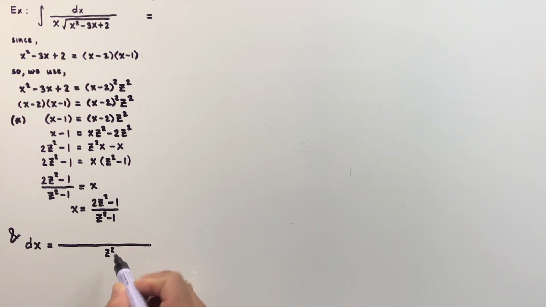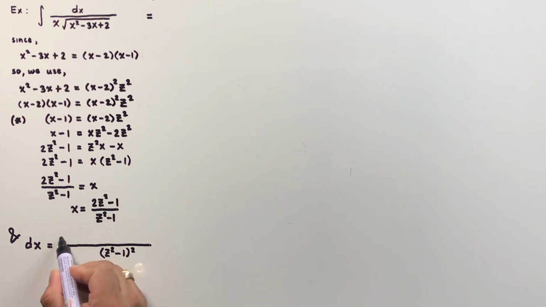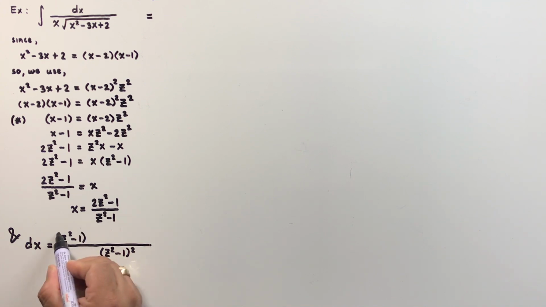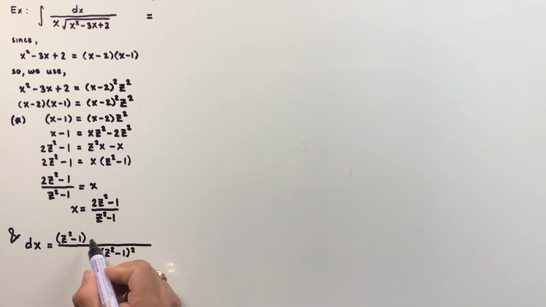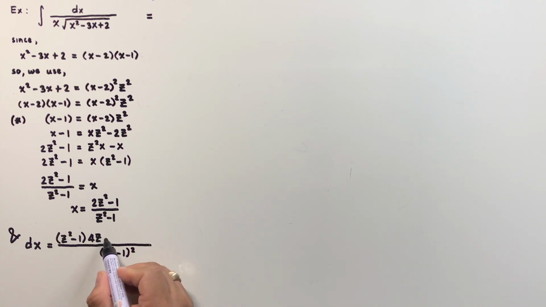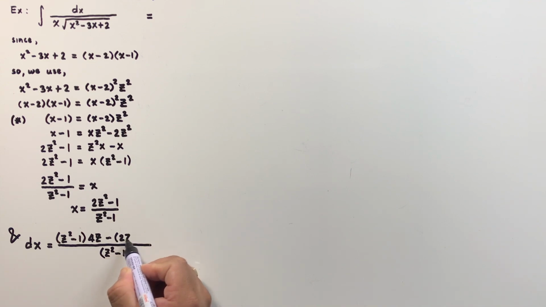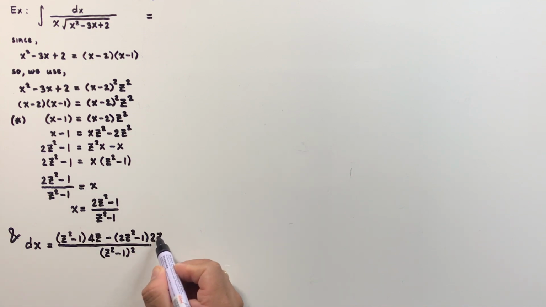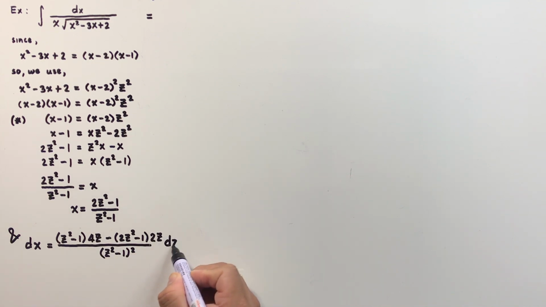So z squared minus 1, quantity squared. And this denominator of z squared minus 1 will be multiplied by the derivative of the numerator, which is 4z dz. And this will be subtracted to the product of this numerator, 2z squared minus 1, times the derivative of the denominator, which is 2z dz here.